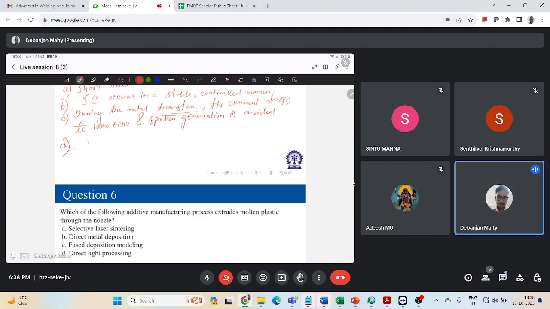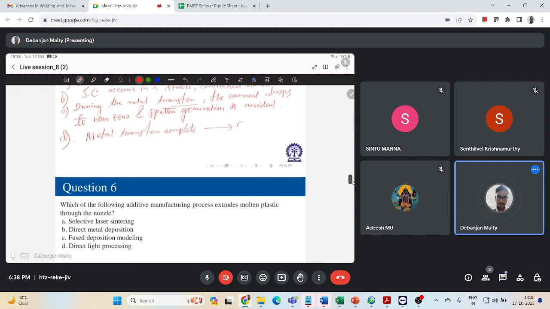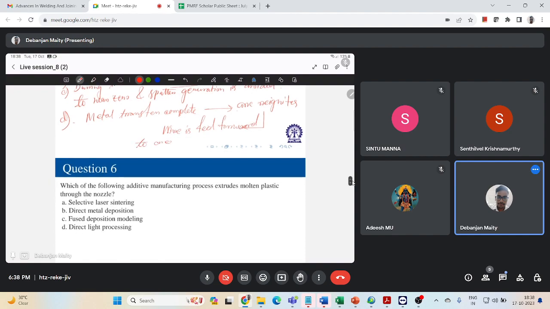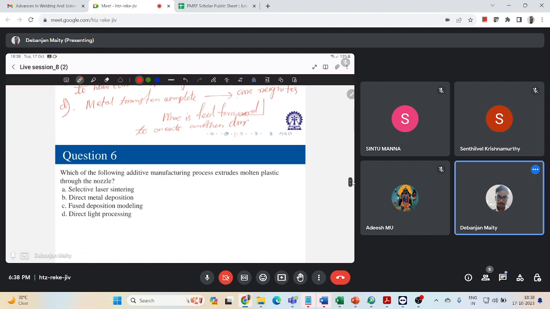So, my metal transfer is complete, the arc reignites, and the wire is fed forward. Here, another droplet. Correct?